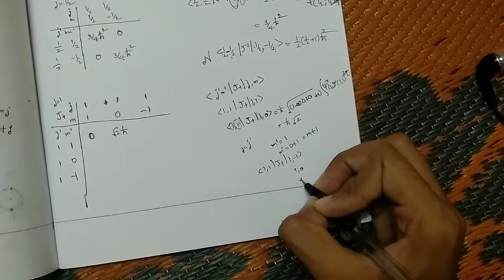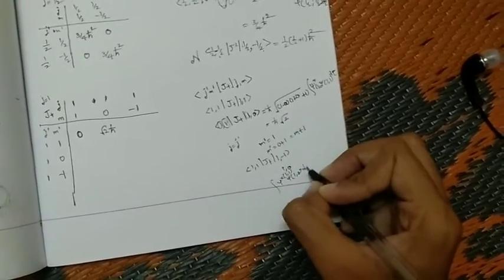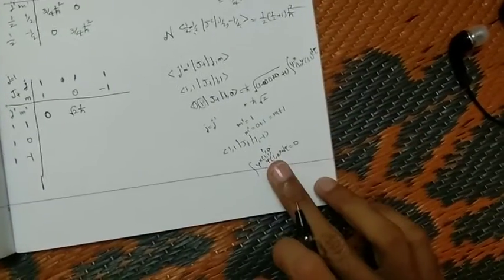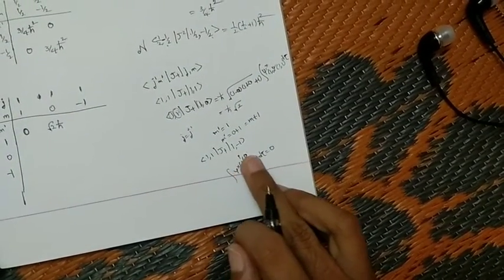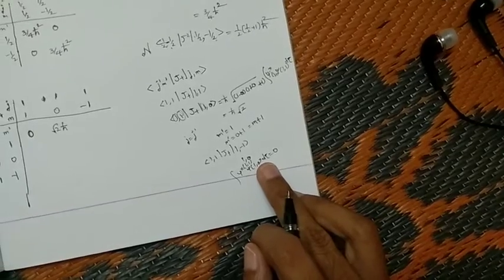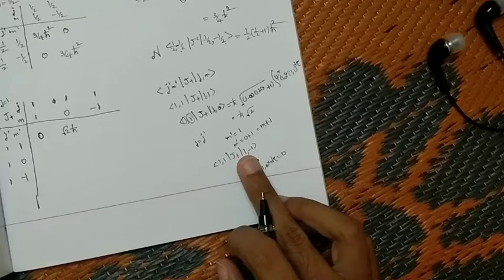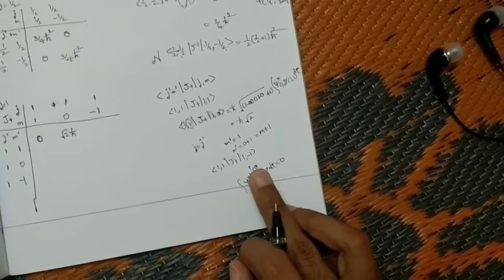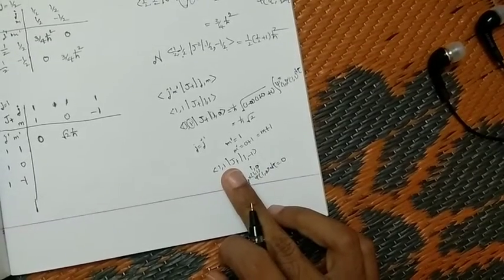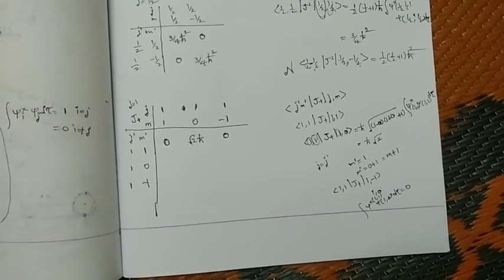But the integration of xi of 1 comma 0 and xi star of 1 comma 1 d tau is 0, because here it is xi of 1 comma 1 but there it is xi of 1 comma 0. Actually J is equal to J dash, but M dash is not equal to M plus 1. M plus 1 we are getting 0, but M dash is 1. Hence in this case this matrix element will become 0.